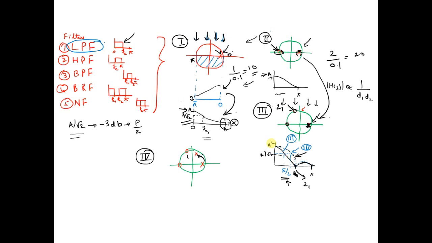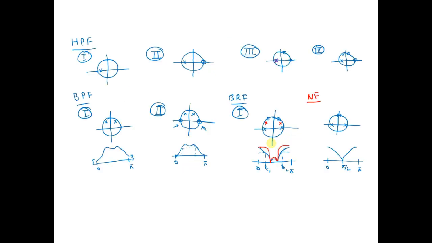We have not gone into the mathematics yet. So this is how the rubber membrane concept can allow you to analyze any filter response by placing poles and zeros in the Z plane. Now let us go to the next types of filter, like the low pass filter.